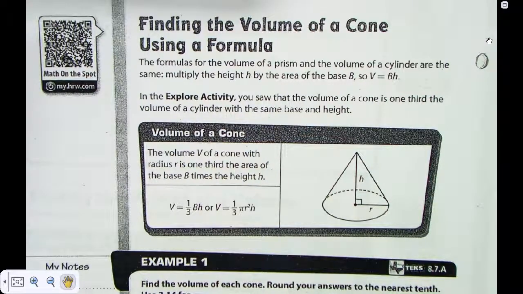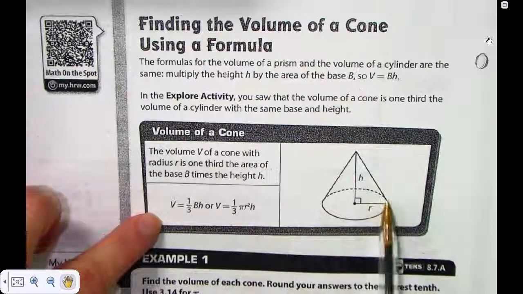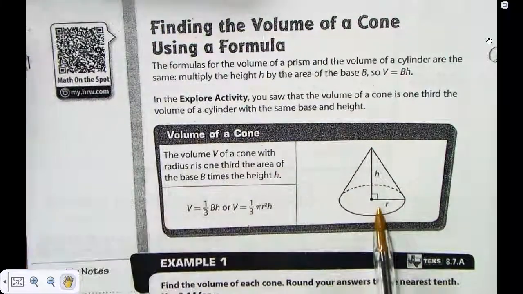So, really, the only thing you need to do is know what the picture is and know what you're finding. Are you finding volume or surface area? So you have to think, make a decision. Am I filling it up? Am I finding what it'll hold? That's volume. Okay? So here's a cone right here. Volume of a cone.